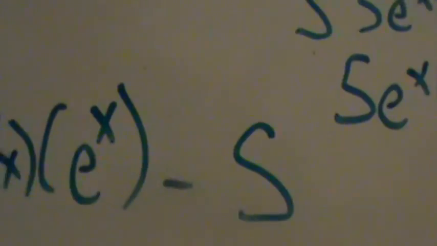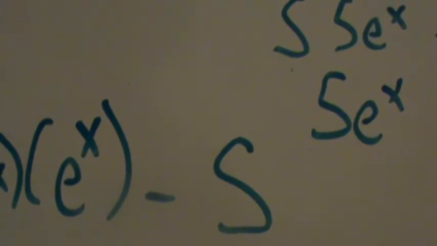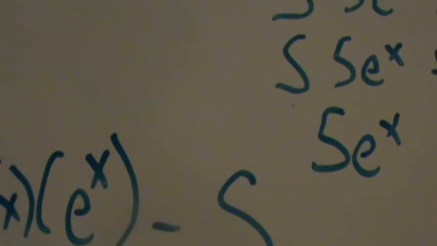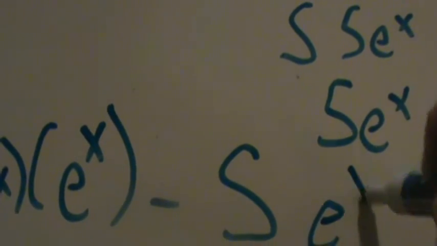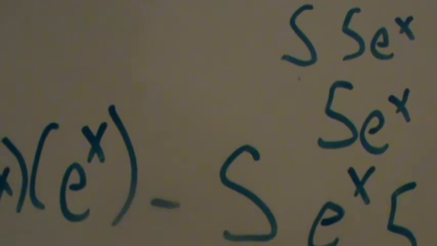So that will have to be equivalent to 5x times e to the x minus the integral of e to the x 5.